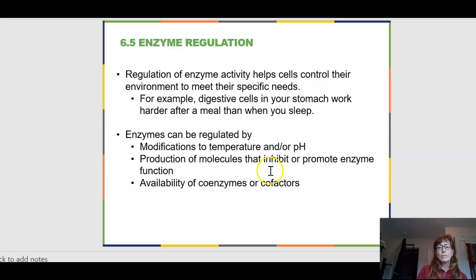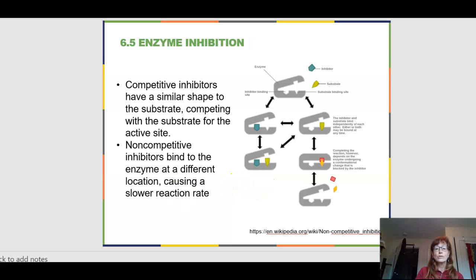But there also can be some things which will actually inhibit or promote an enzyme's ability to work. Some of these things are called coenzymes or cofactors. You actually know some of them because some include some of the vitamins that we take, or maybe even minerals that we take, which will be somehow helping an enzyme to work. Or perhaps there'd be something else. So let's take a look at this.